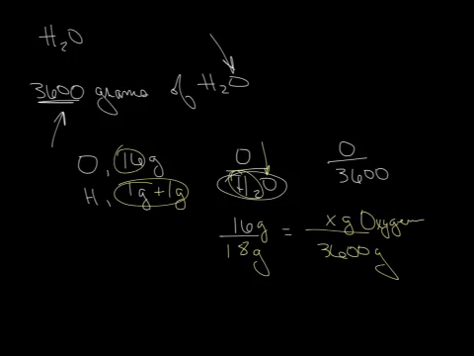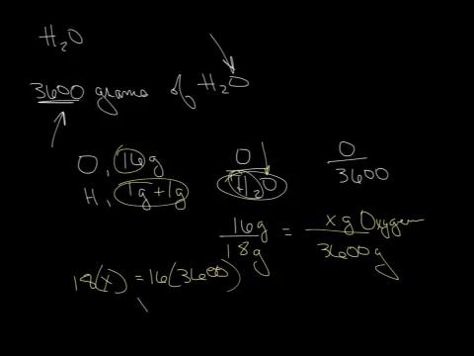Now we just cross multiply, and we get 18 times X equals 16 times 3600. And then we divide through, and we can find out exactly then how much the oxygen in that 3600 grams weighs.